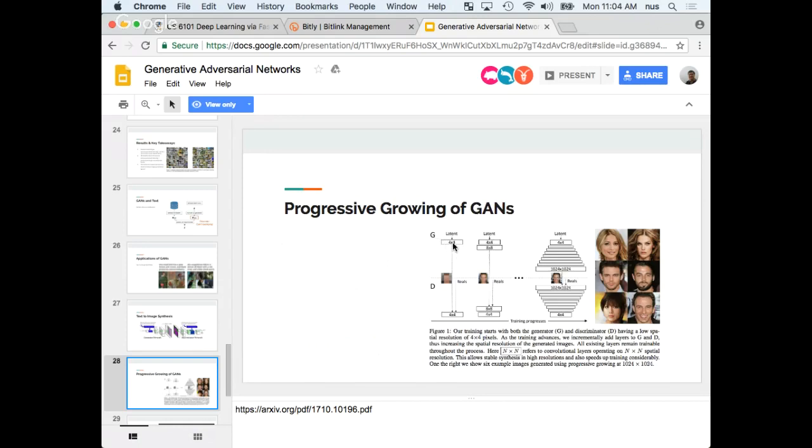They say, okay, fine, generate a 4x4 image. Then they move progressively higher, 8x8, 16x16, and so on and so forth, until they get to this. This is important because it drastically reduces the training time, as well as creating much clearer images.